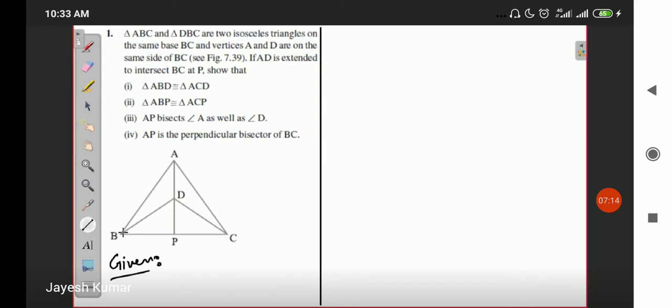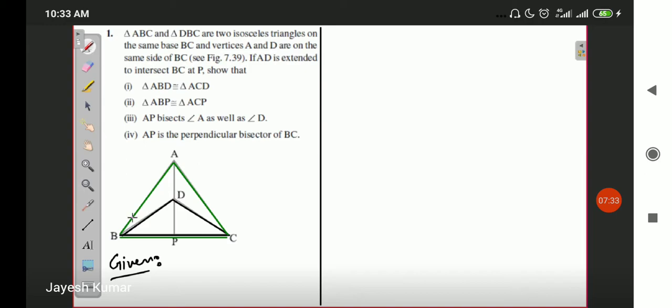That means this is DBC and this one is ABC. These are two isosceles triangles on the same base BC.